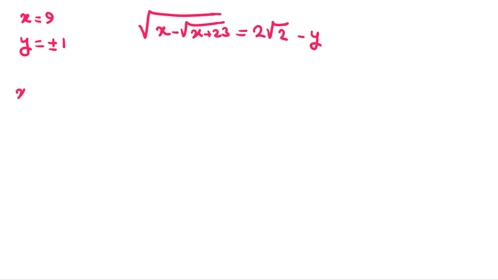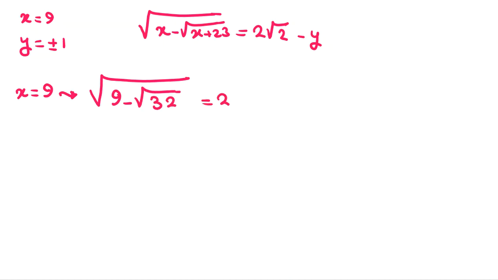I check both cases. Let's check x equal to 9. Square root of 9 minus square root of 9 plus 23, 32, equal to 2 root 2 minus y. And if you raise to the power of 2, we can consider two cases. If y equal 1, if y is not 1.